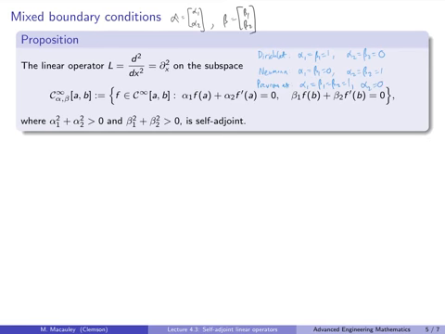But more generally, these things can be any real numbers as long as, again, both alphas aren't 0 and both betas aren't 0.